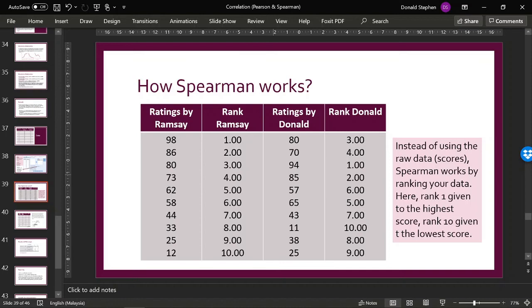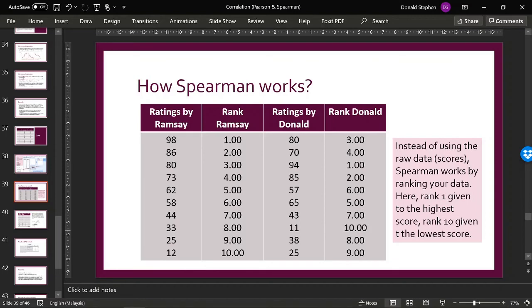So in theory, how does Spearman work? First, you have the raw score, the rating by Chef Ramsay, and then also the rating by Chef Donald. Spearman works by ranking your data.